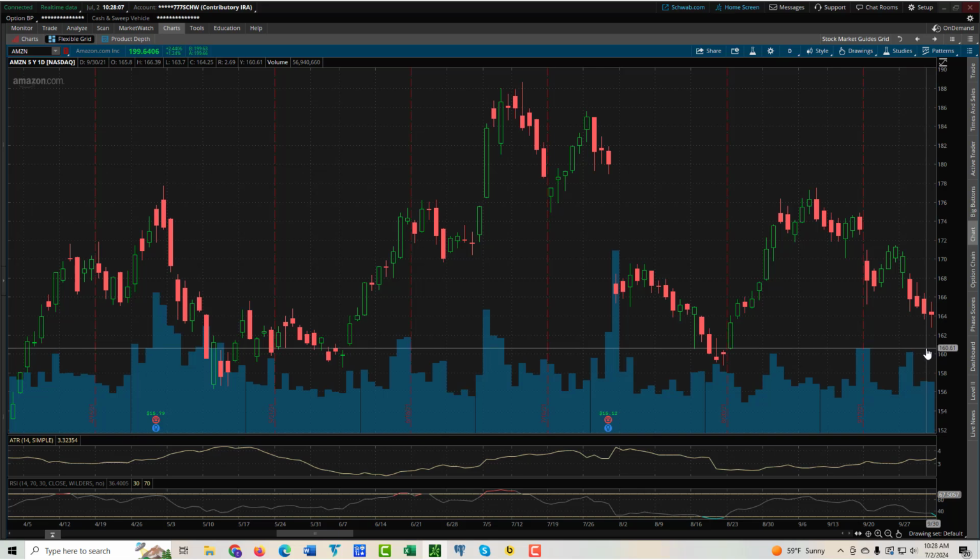The idea is that there may be buyers at the support level, enough buyers to cause the price to stop declining and to go back up, in which case you can set a stop loss below that support level so that if it doesn't hold up, you have a clear way to exit the trade. But if it does hold up, maybe you can ride the bounce back up.